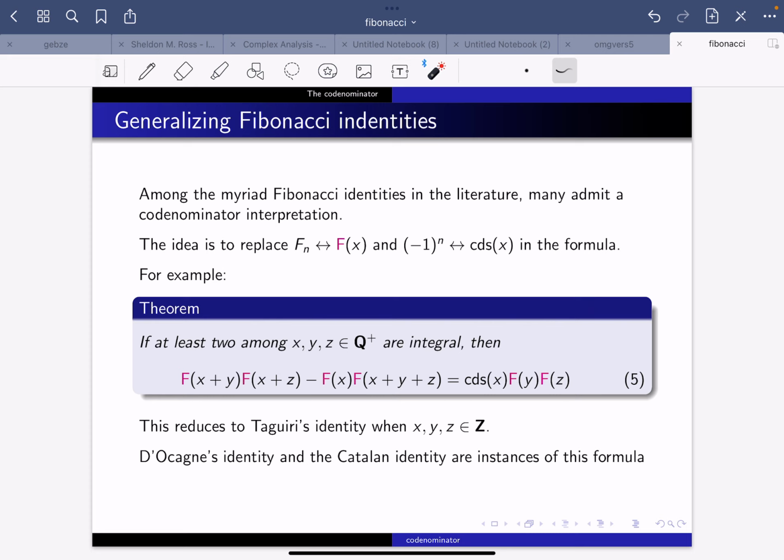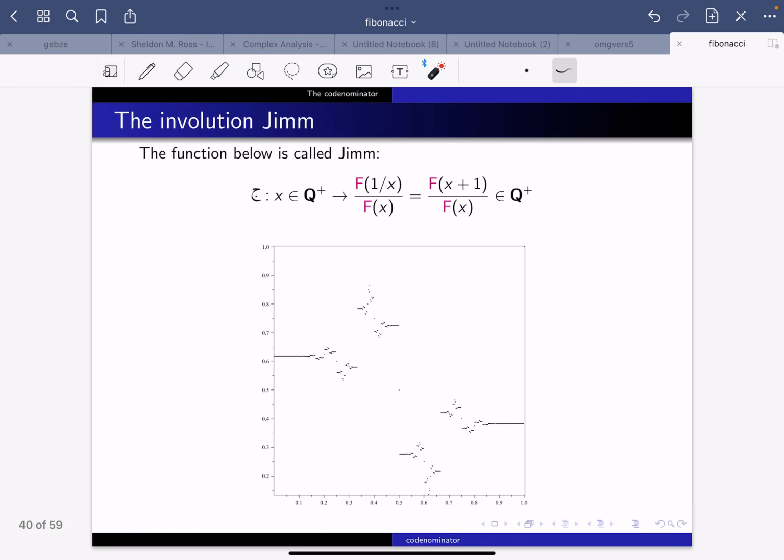And you can pick any formula found in the literature and ask yourself if it admits an analog for the conominator function. Now we are going to introduce a function by using the conominator function. It is also initially defined on the set of positive rationals, but we are going to extend it to the set of real numbers.